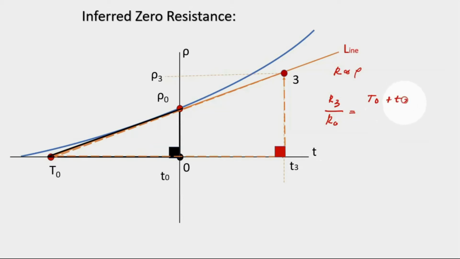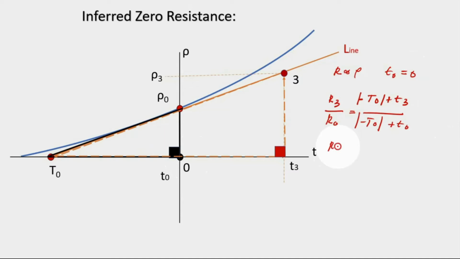plus T3. Actually T sub O here is negative, so we just want the absolute value, divided by the adjacent side of the small right triangle. So this is again T sub O plus T sub O. So we know here that T sub O is equal to 0 in this figure.